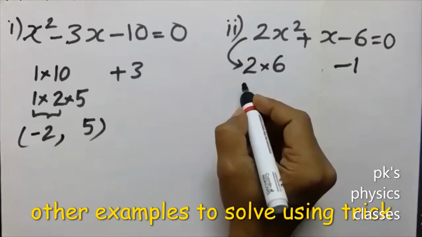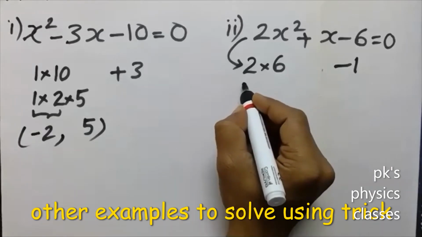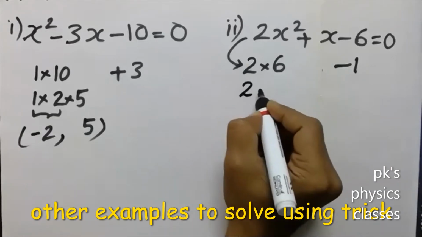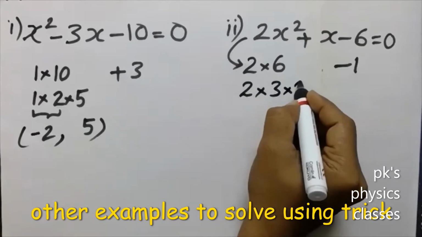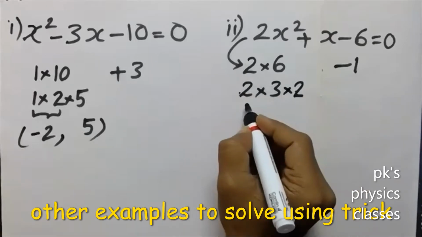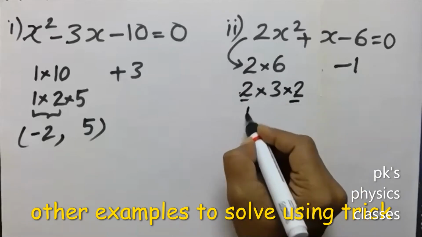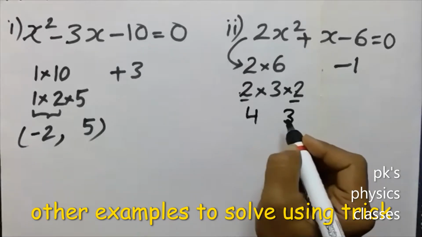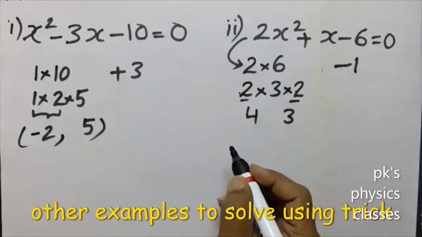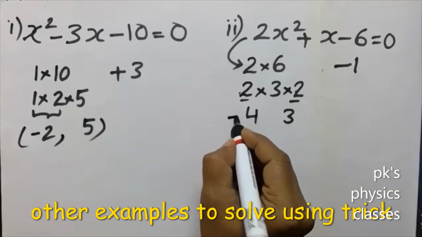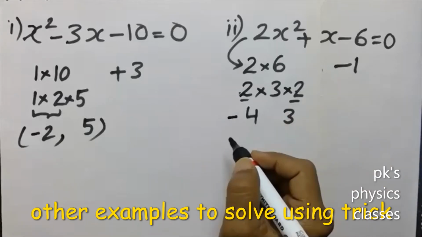Let us see that. Now 2, what to do here? 2 into 3 into 2. So 2 twos are 4. This one and this one, 4 and 3. What operation should I perform here to get this minus? So minus 4 and 3.